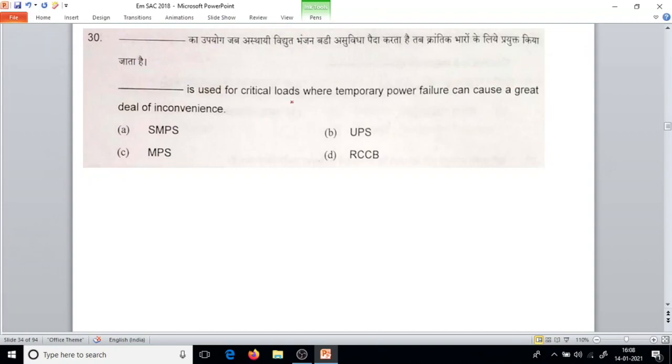Dash is used for critical loads where temporary power failure can cause a great deal of inconvenience. Answer is option B, UPS. UPS means uninterrupted power supply.